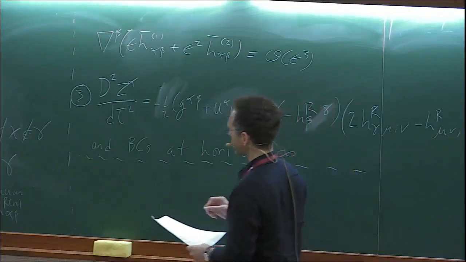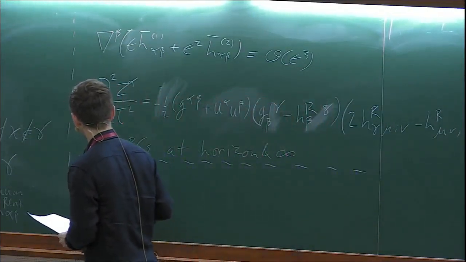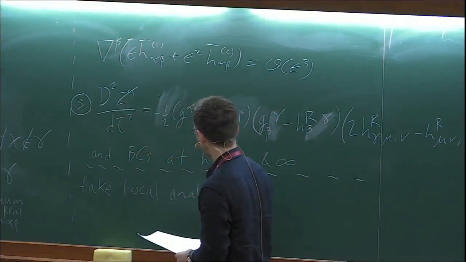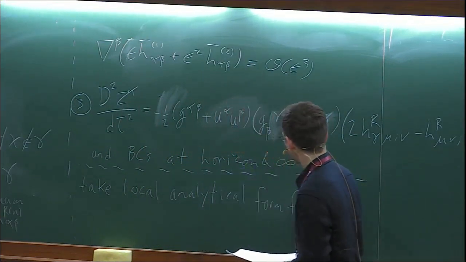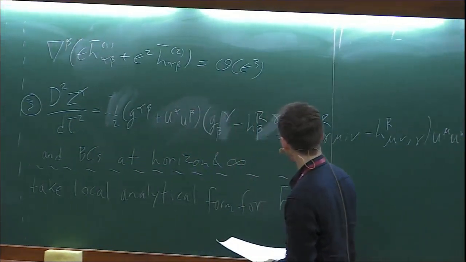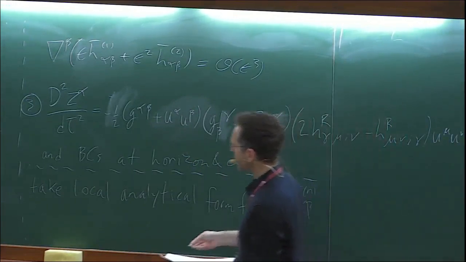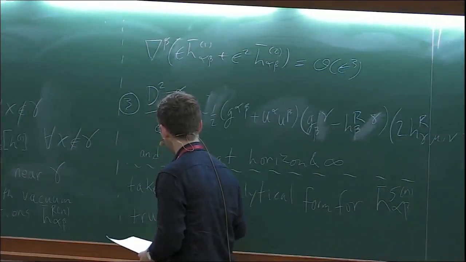Now, why is this called a puncture scheme? So we take the local analytical form we have for h bar s, and we truncate it at whatever highest order we've got.